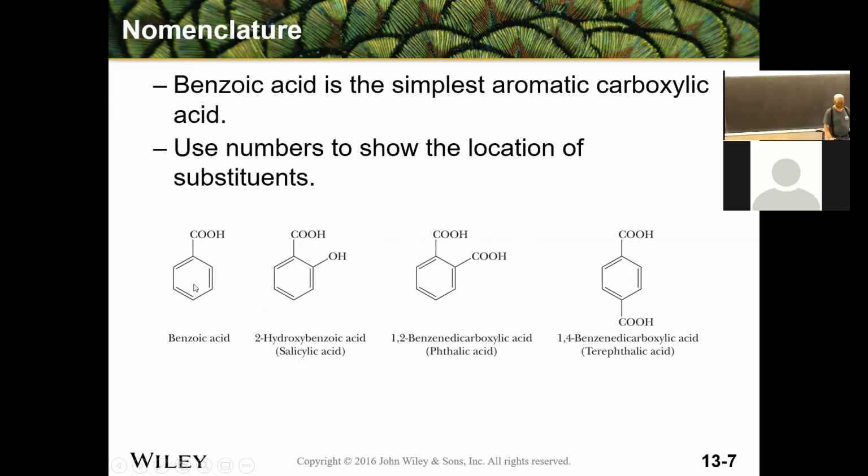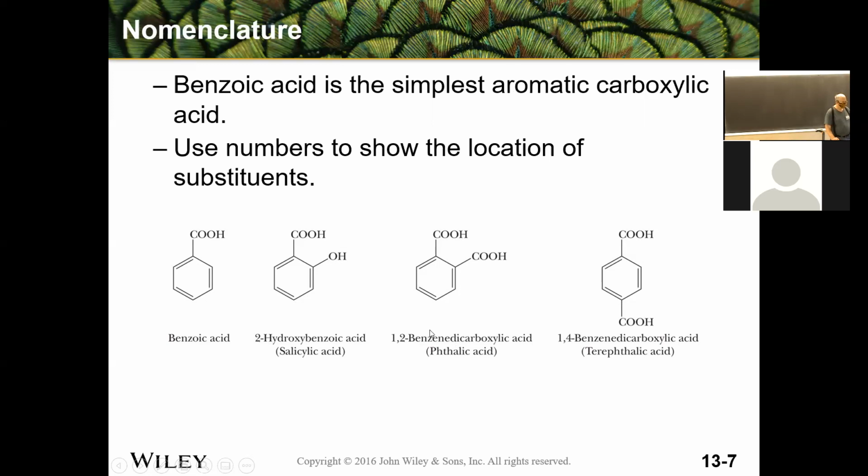Systematically, benzoic acid should be called benzene carboxylic acid, but nobody calls it that. Benzoic acid is accepted in the IUPAC. 2-hydroxybenzoic acid is commonly known as salicylic acid.